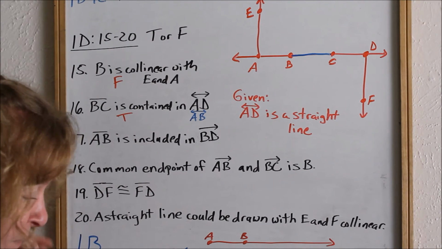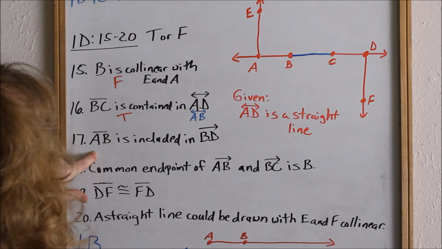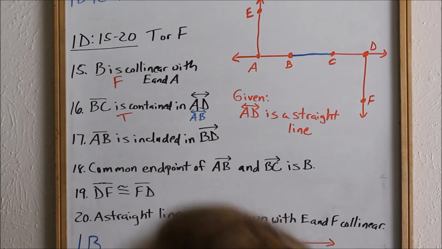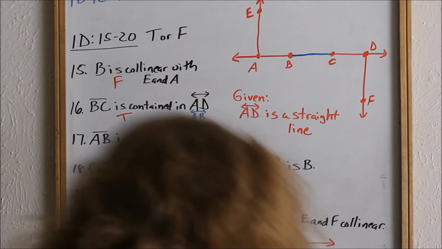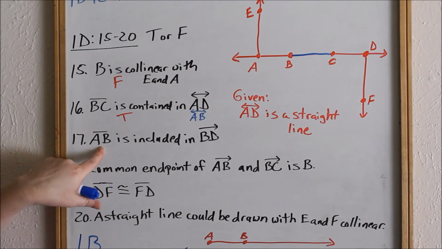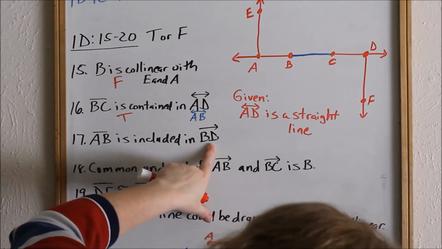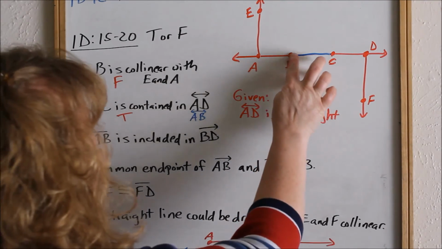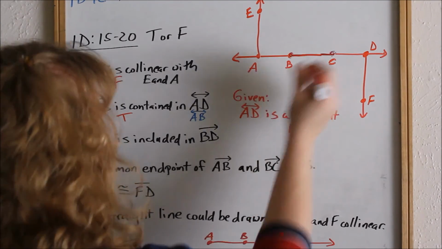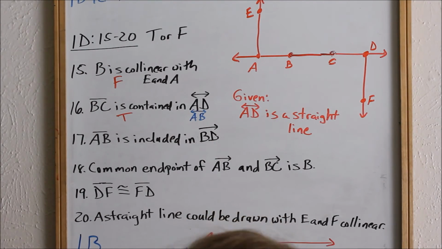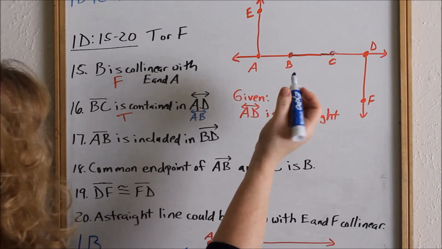Now number 17. Okay, making sure I copied the problem correctly. Is line segment AB included in ray BD? So line segment AB, let me go back to our original picture. On some of these, it's good to have colored pens and pencils to help you.